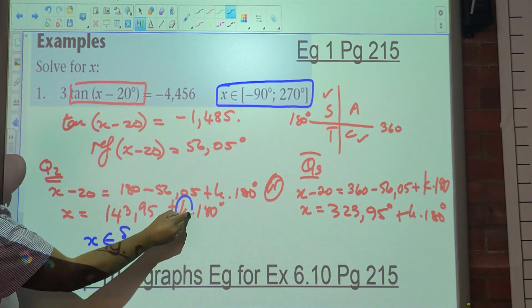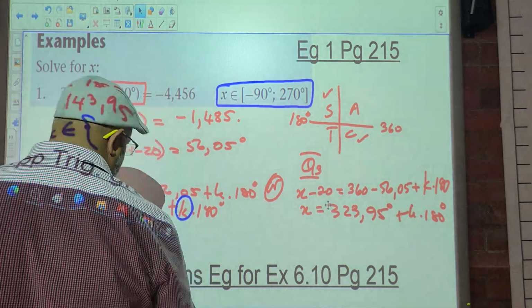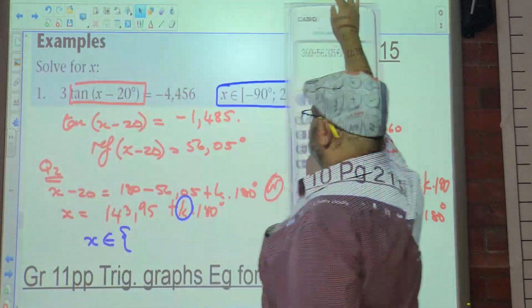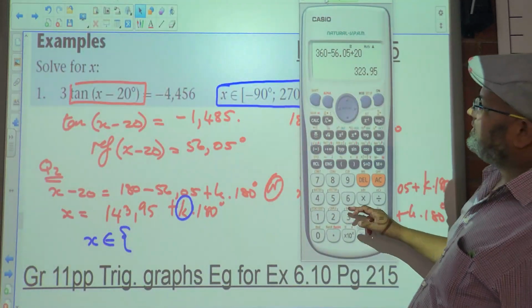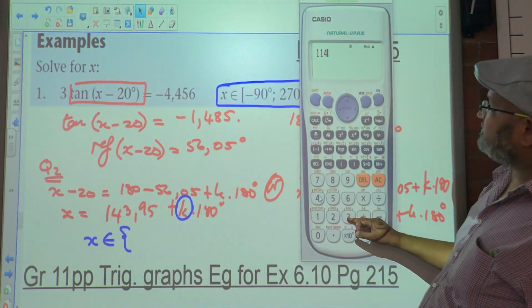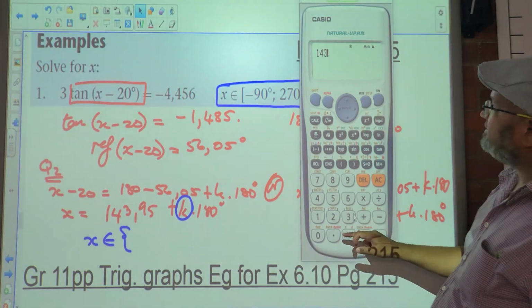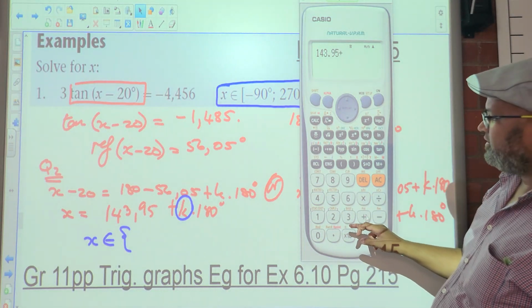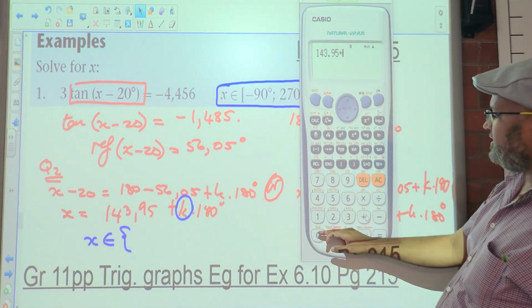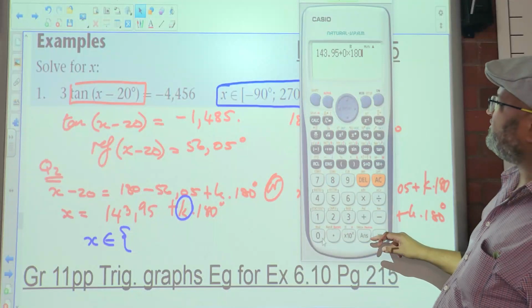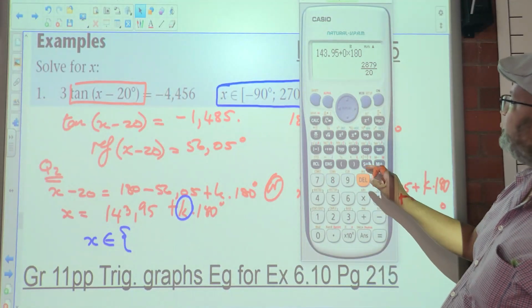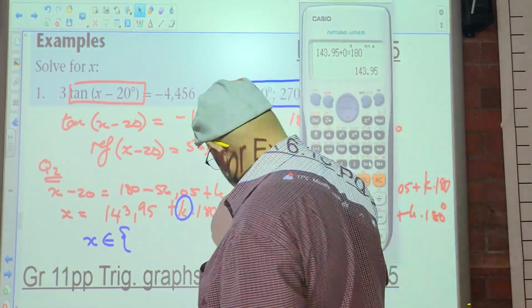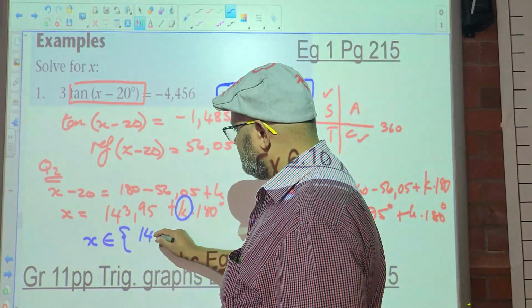We start with k is equal to 0. So let's check. We're saying 143.95 plus 0 times 180, of course, is going to give you 143,95.